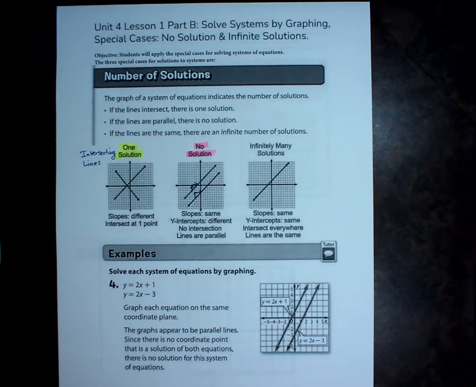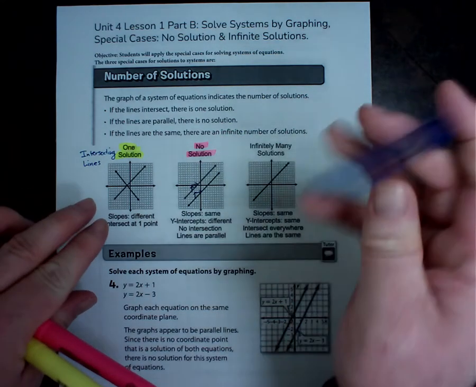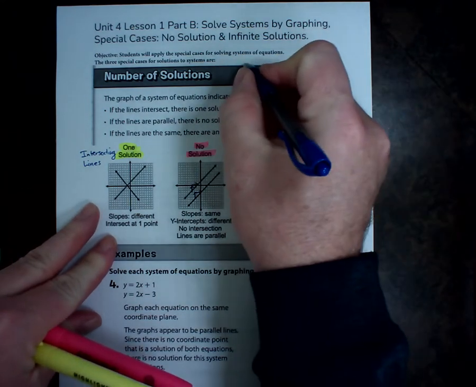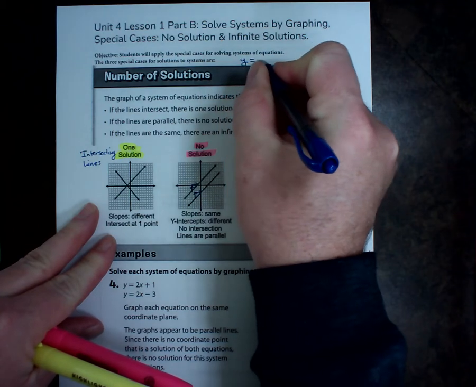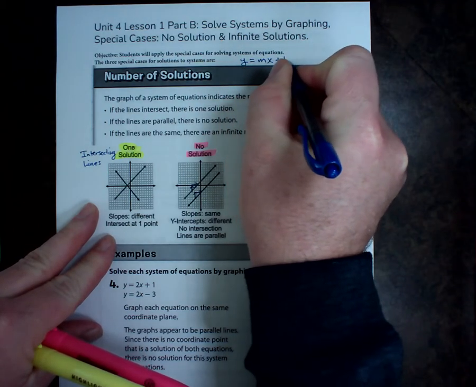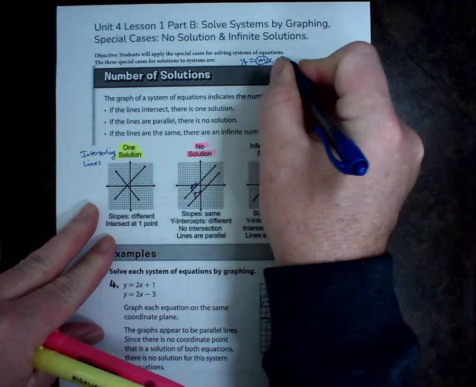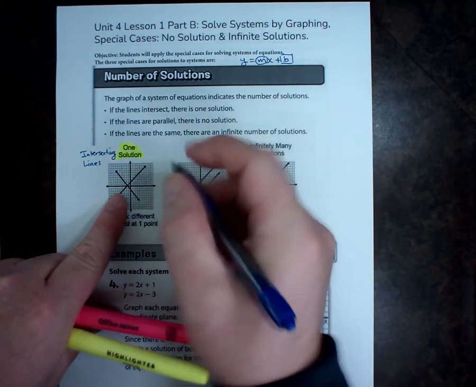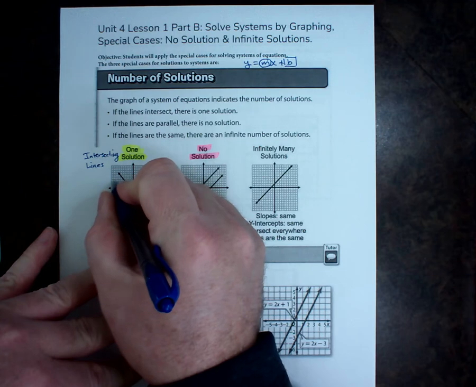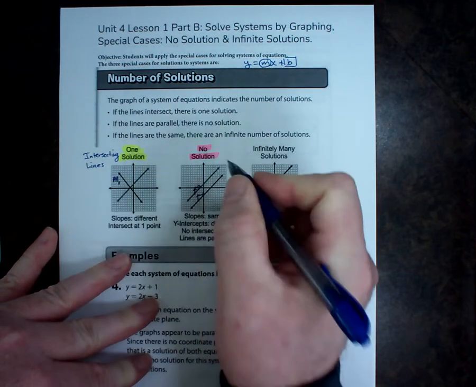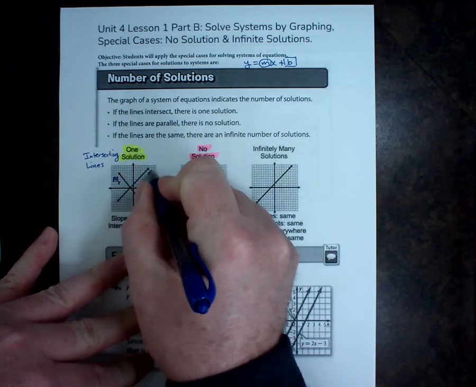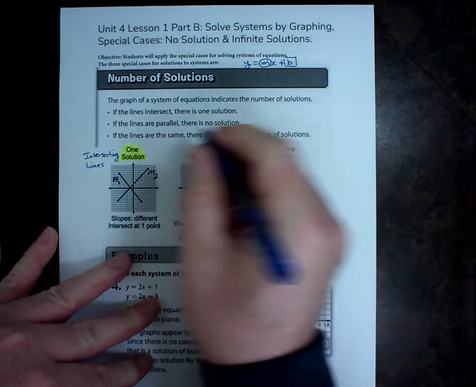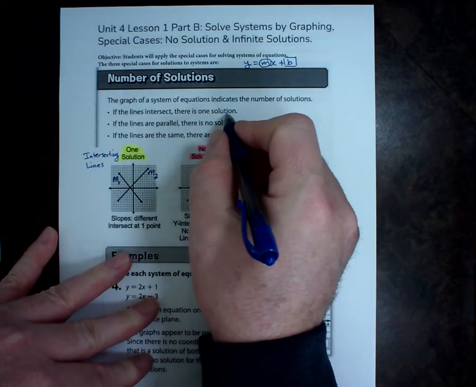So if we think of the equation in slope-intercept form, y equals mx plus b, m is the slope, b is the y-intercept. In this situation, this line here has a slope, we'll call it m1, and this line has a different slope, m2. So if the lines intersect, there's only one solution.